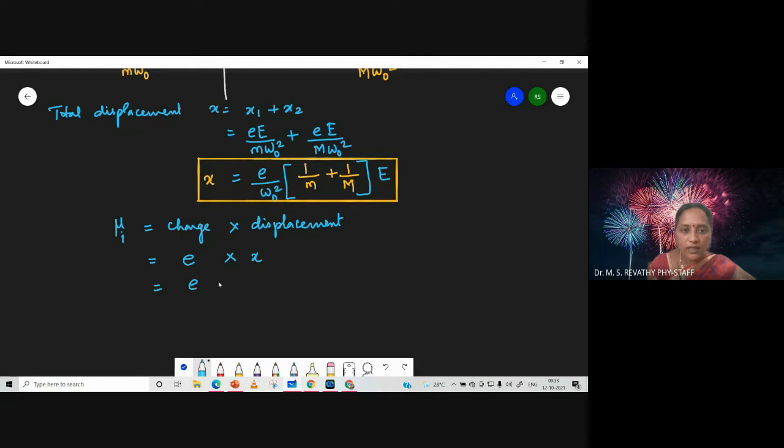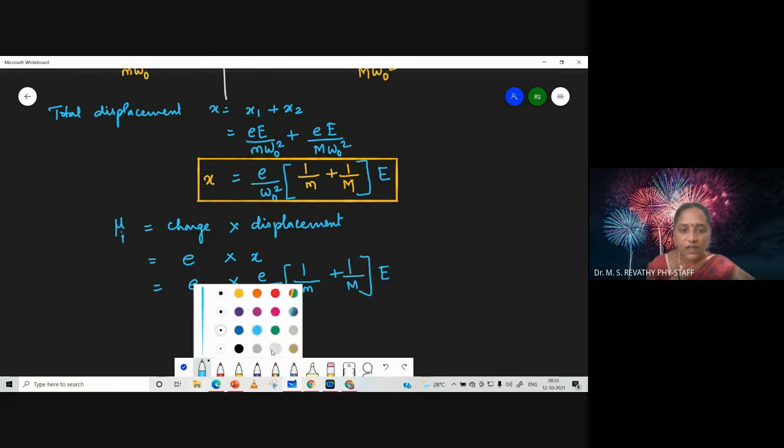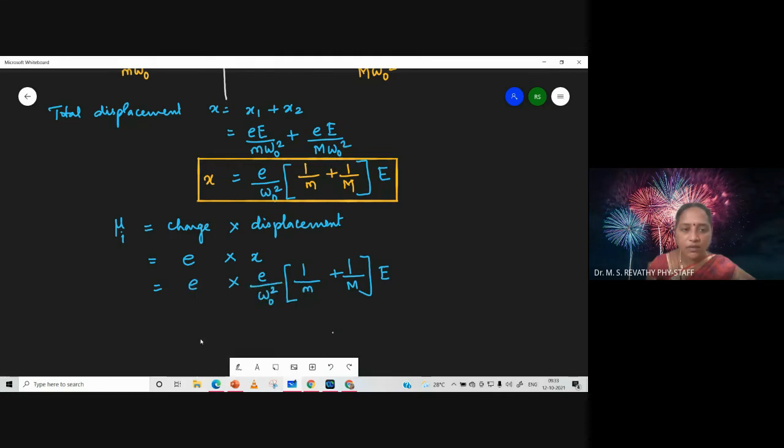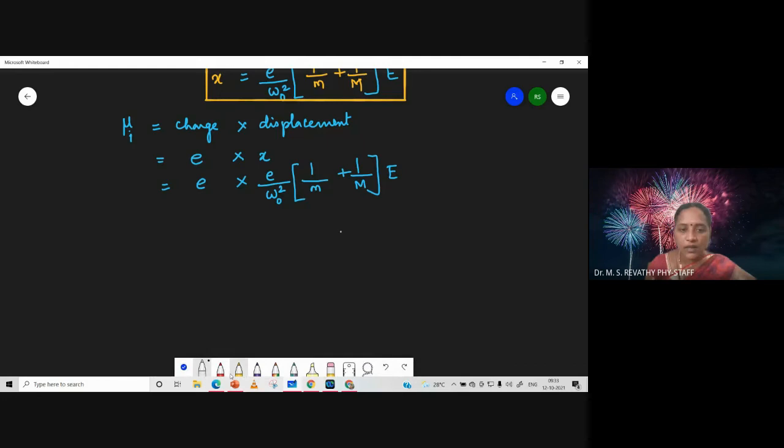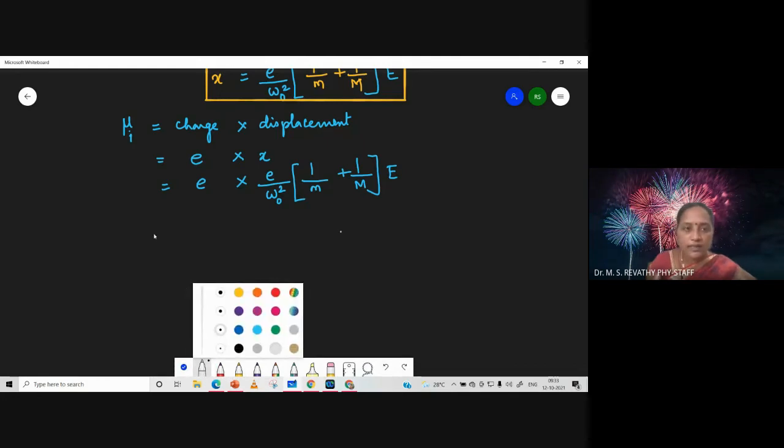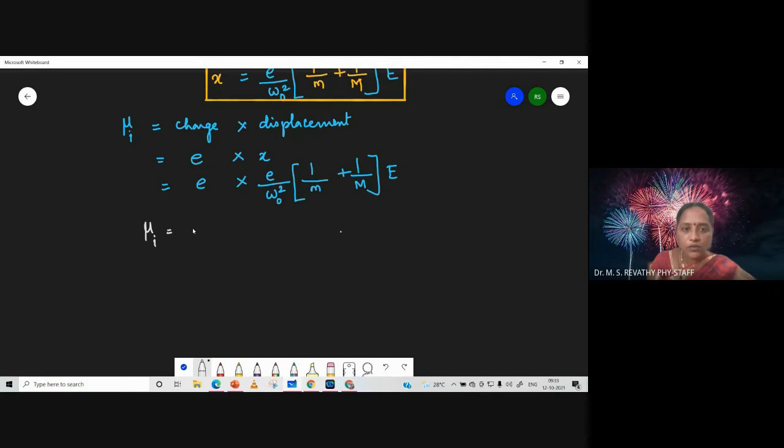So E into, in the place of x, I can substitute this equation: E divided by omega naught square into 1 by small m plus 1 by capital M into capital E. Thus we have got an expression for the electric dipole moment due to ionic: mu I is equal to E square divided by omega naught square, into 1 by m plus 1 by capital M, into capital E. So we are done with the ionic electric dipole moment.